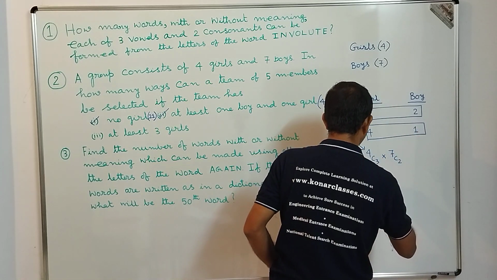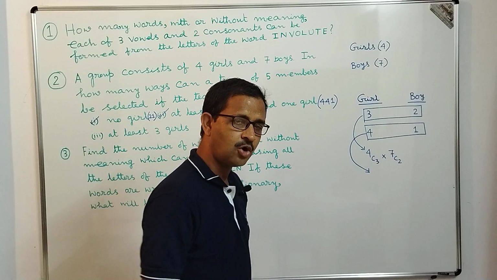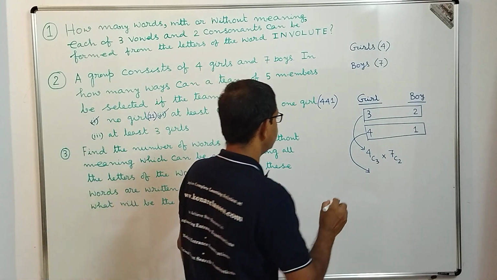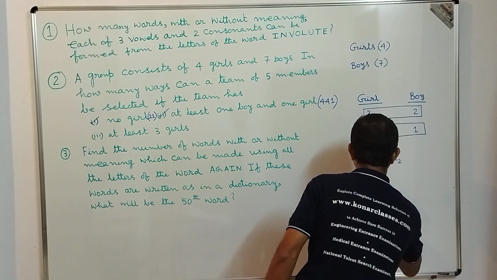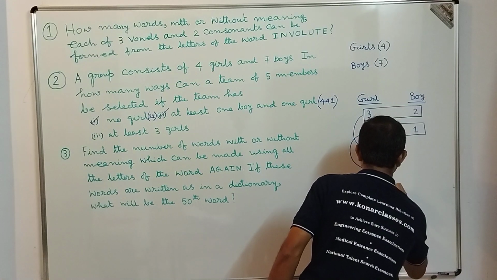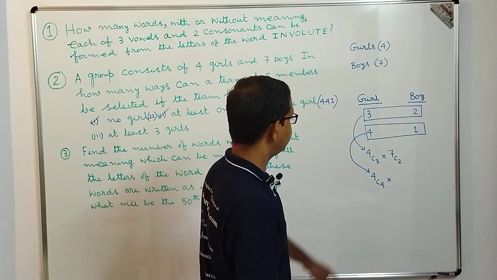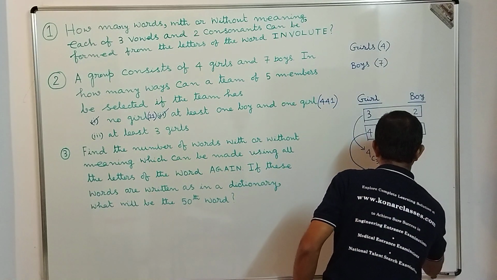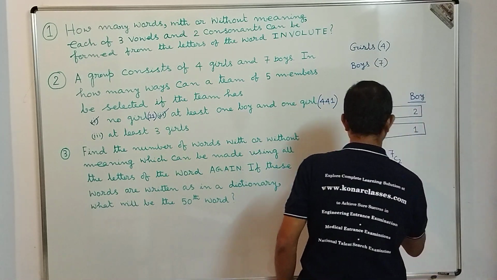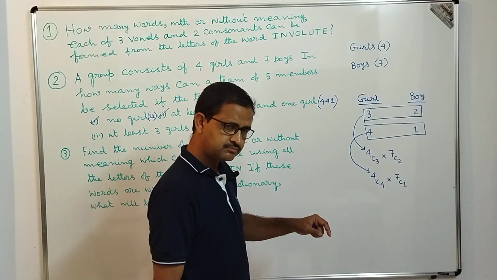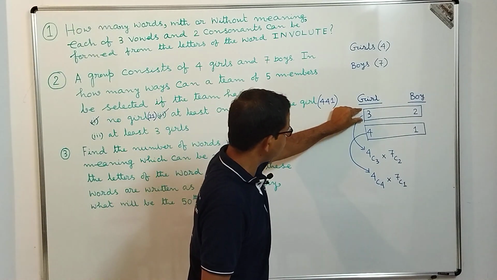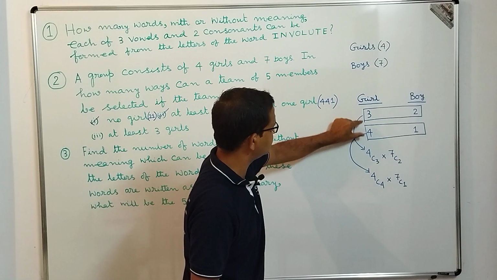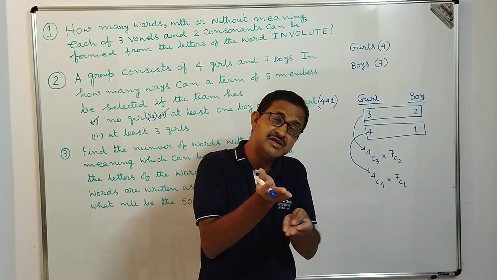In how many ways can we select 4 girls from a set of 4 girls? That should be 4C4, and for each of these selections we can select 1 boy from the set of 7 boys in 7C1 ways.